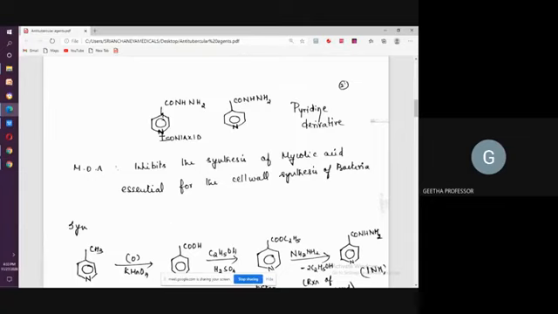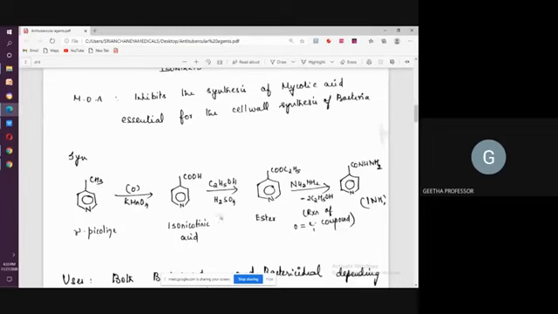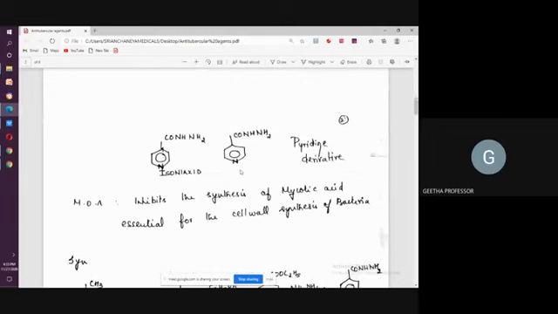The first drug is INH, isonicotinic acid hydrazide. How to synthesize it? We will see the synthesis in the last 10 minutes. First I will tell you about this drug.